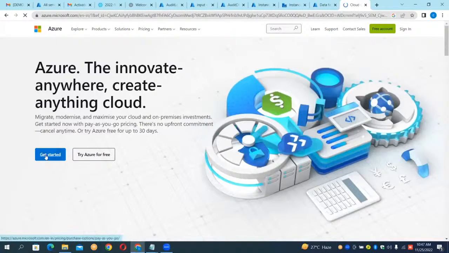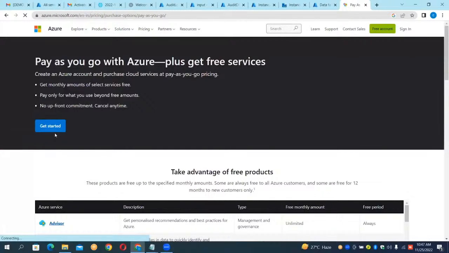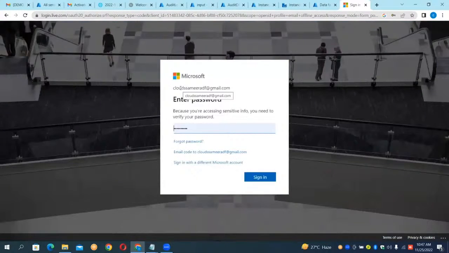Try Azure for free, getting started. Click on getting started or try Azure for free. Anyway, it's taking me directly because I'm already logged in.